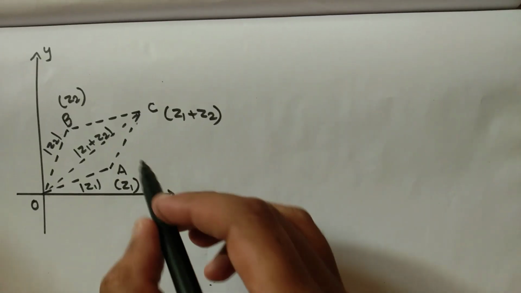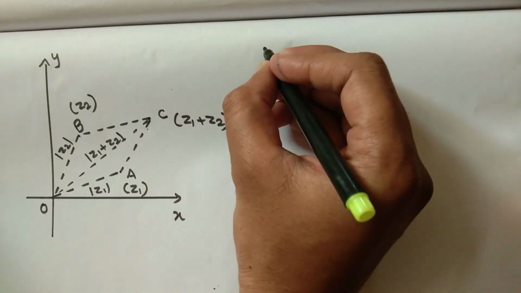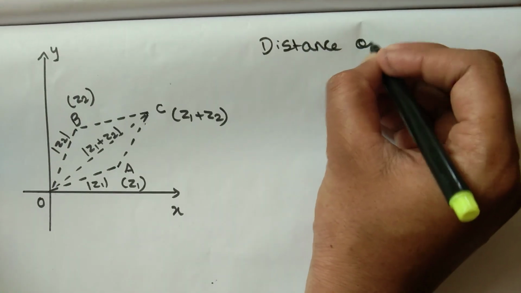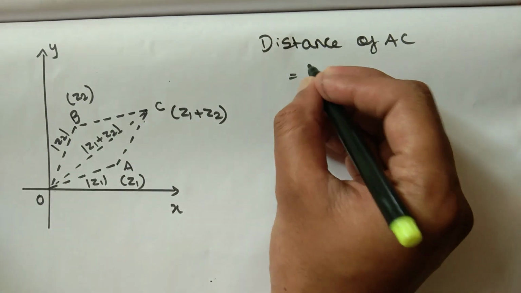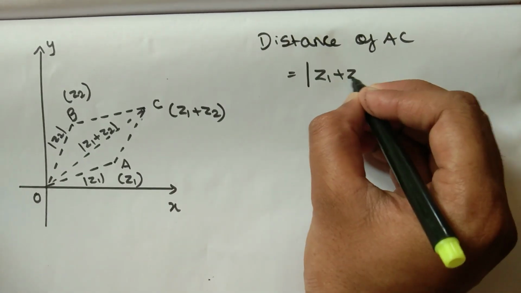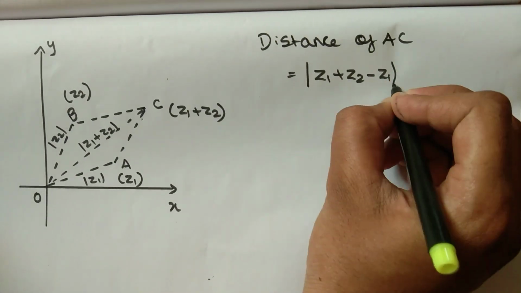Now find the distance of A and C. So distance of AC, that is modulus of final point minus initial point, z1 plus z2 minus z1.